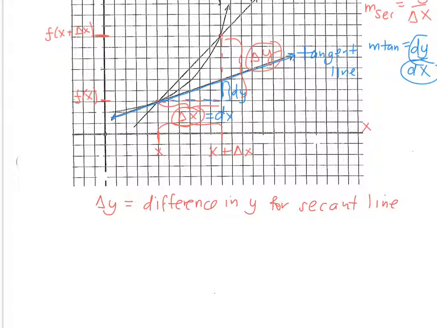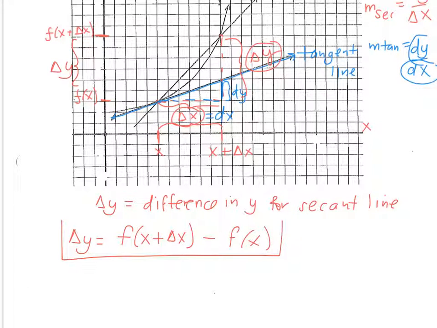And we can express this by saying delta y equals the value of your function at x plus delta x minus the value of your function at x, f of x. In other words, right over here, this is delta y. It's the difference between those two y values. And you need to remember this little piece for later. We're going to be finding delta y in a little bit.